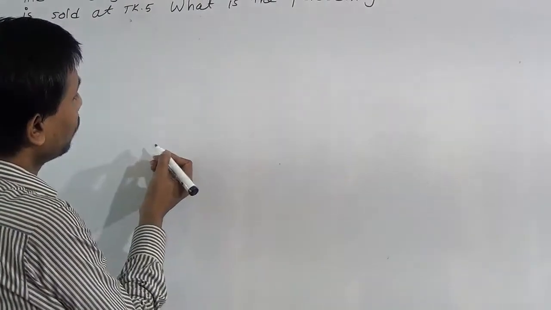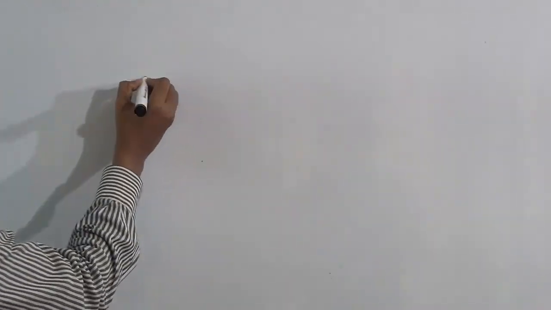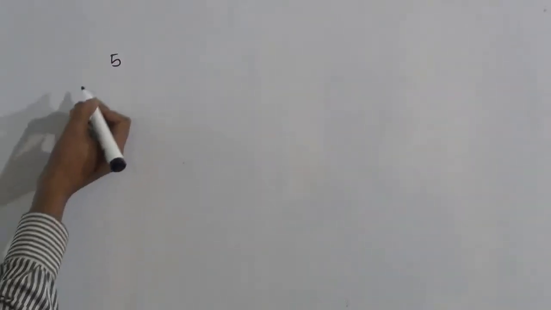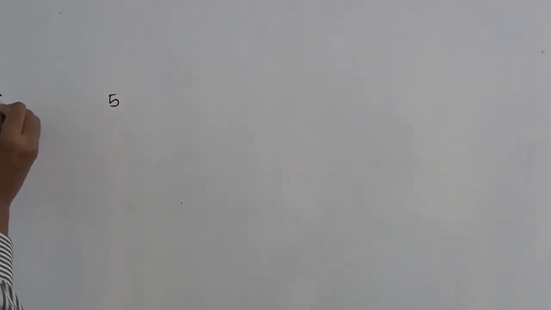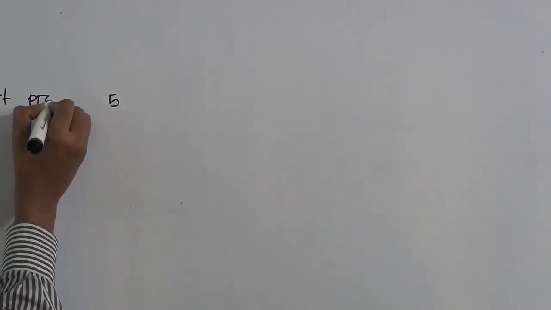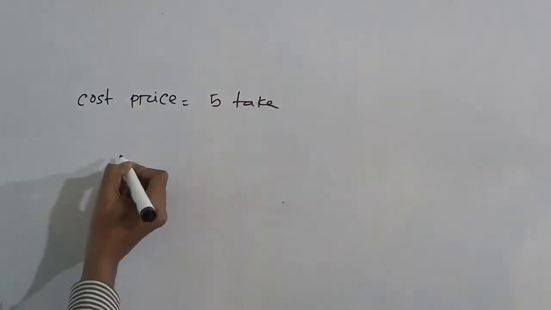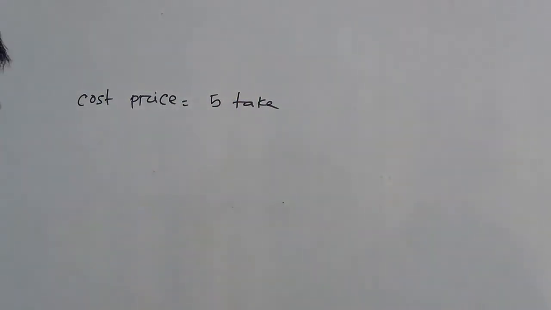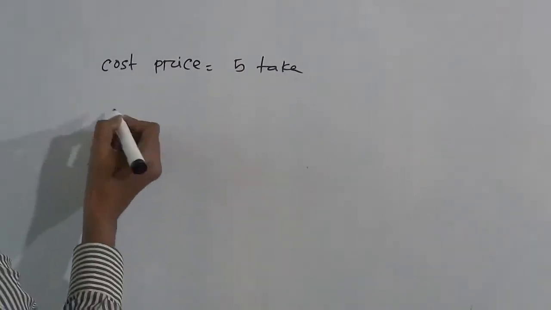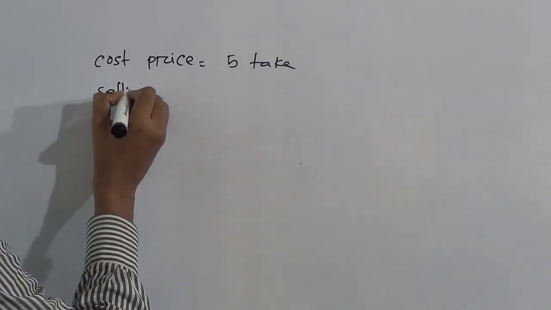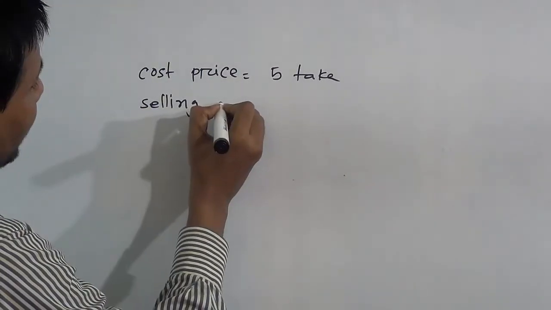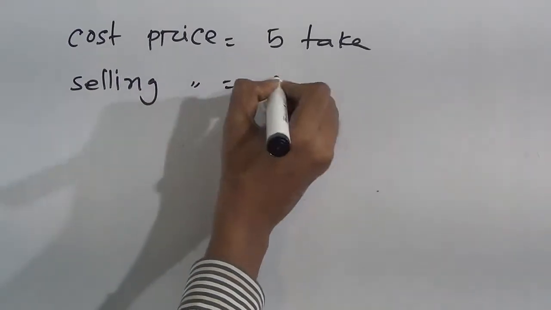Look, suppose you buy a pen for 5 taka. That means this is your cost price. You buy a pen with 5 taka and the selling price is 7 taka.